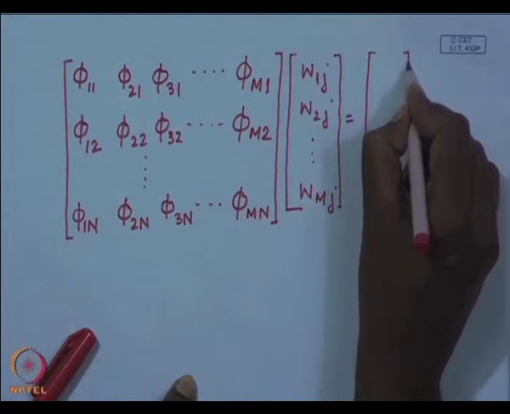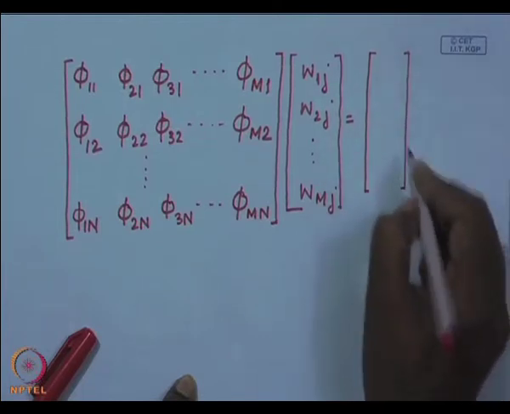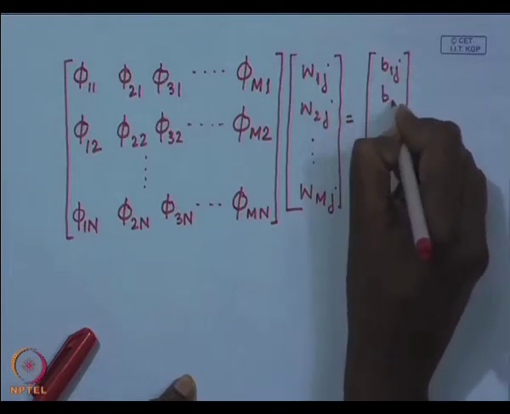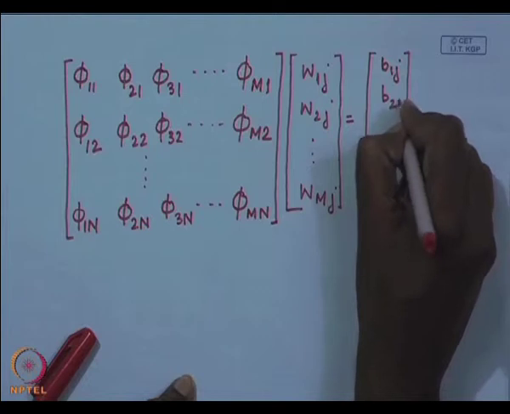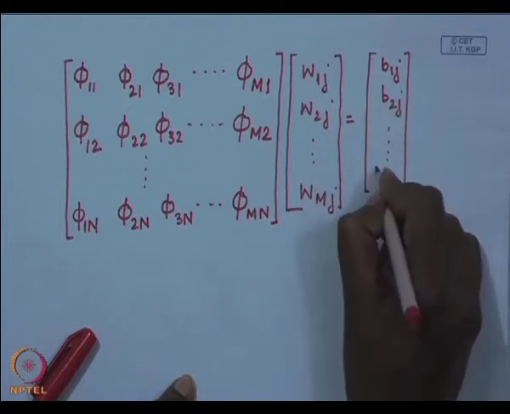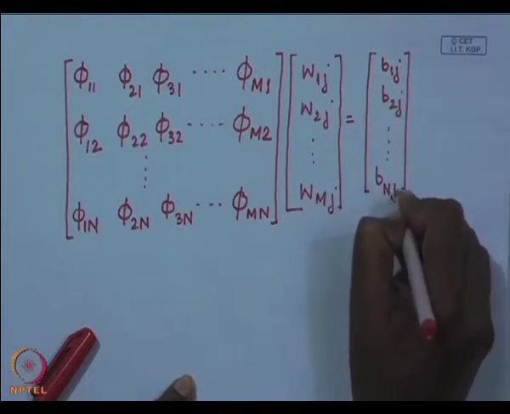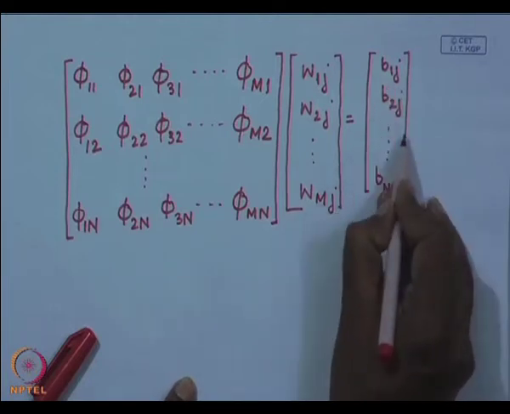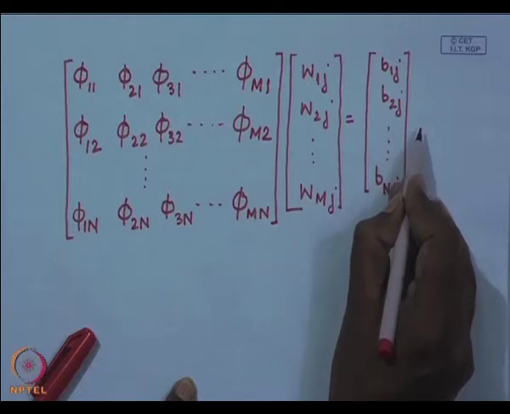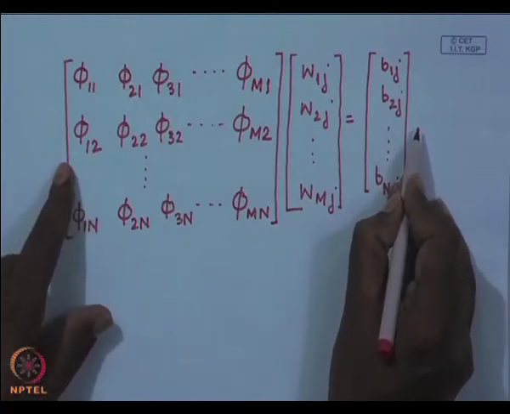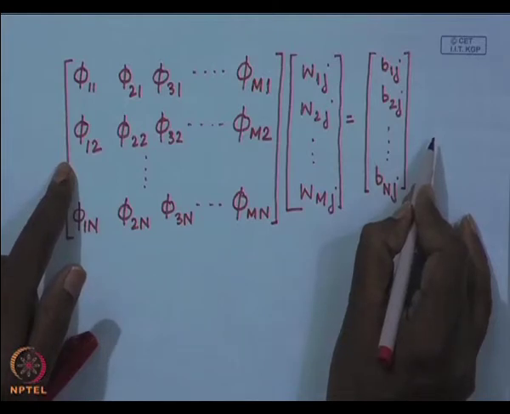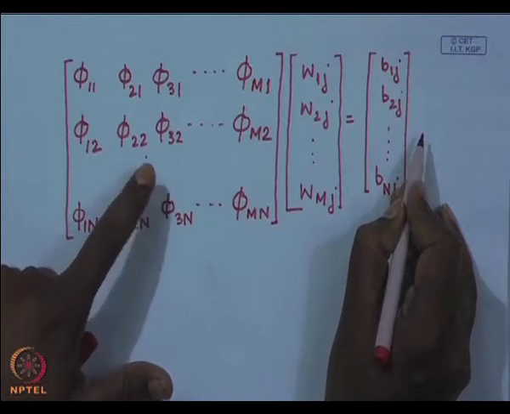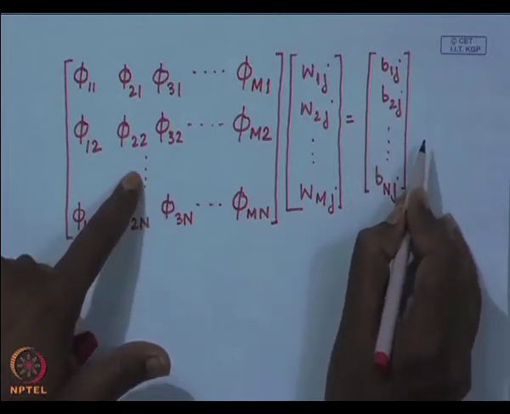Okay. So, this has to be equal to, again I put the output in the form of a vector, b 1 j, b 2 j up to b n j, where every b i j will be equal to 1 if the corresponding x i belongs to class omega j, and that will be equal to 0 if the corresponding x i does not belong to class omega j.